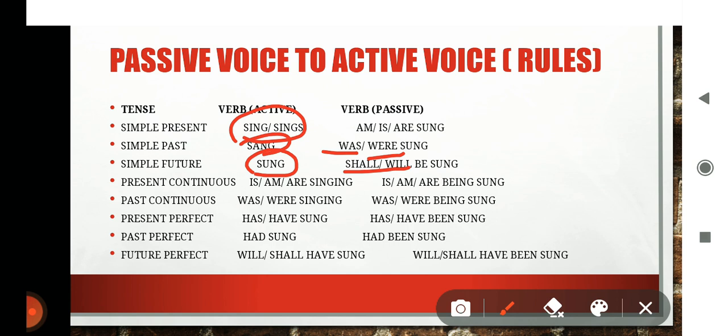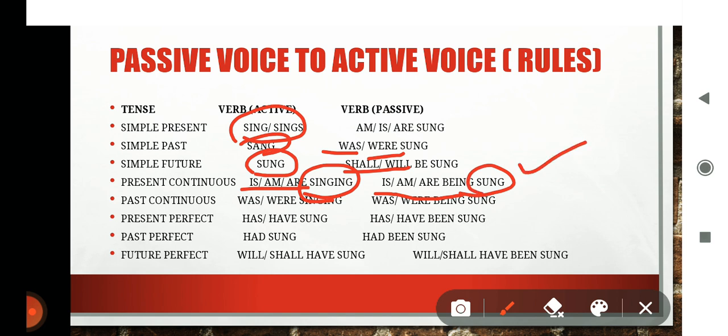If we talk about present continuous tense, at that time is, am, are, the auxiliary verb, will be used along with the first form of the verb plus "ing," that is "singing." When we convert it into passive voice, then is, am, are plus being plus "sung" will be used.